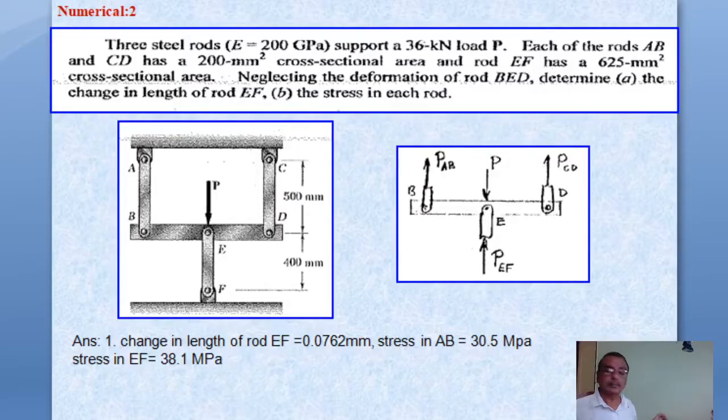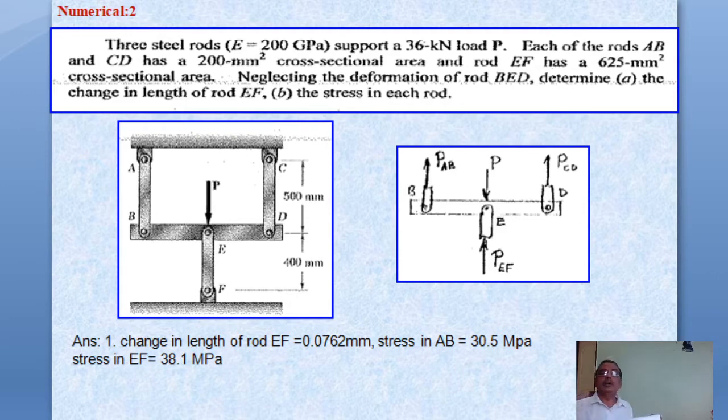Okay. Now come to our second numerical. Three steel rods, E is equal to 200 GPa, support a 36 kilonewton load.